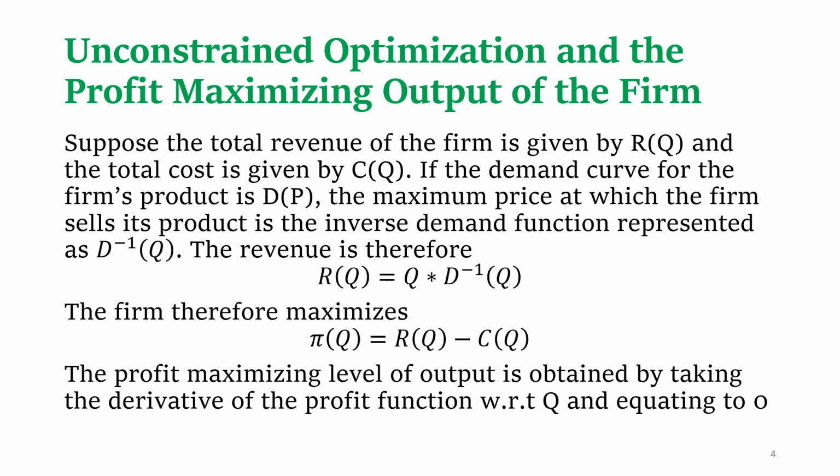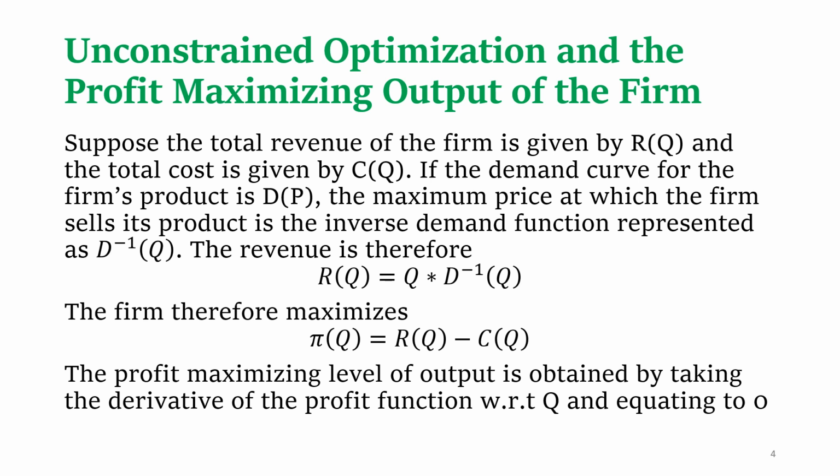It always aims to sell its product at the maximum price so as to maximize profit. And that maximum price is the inverse demand function, which expresses price as a function of the quantity. If we multiply that price by the quantity, we obtain the revenue of the profit maximizing firm.